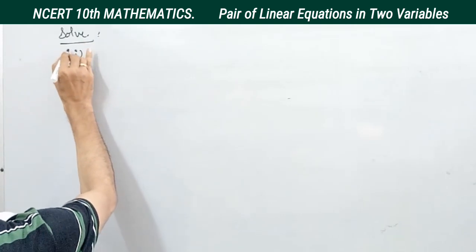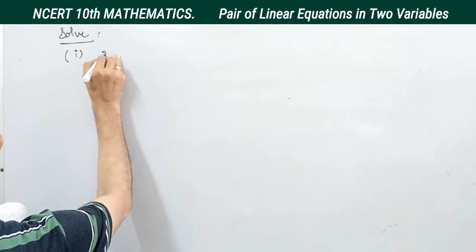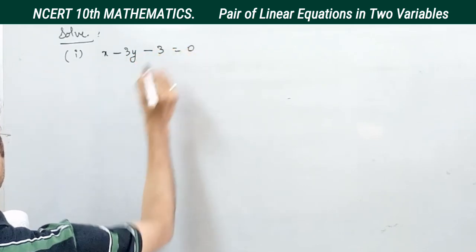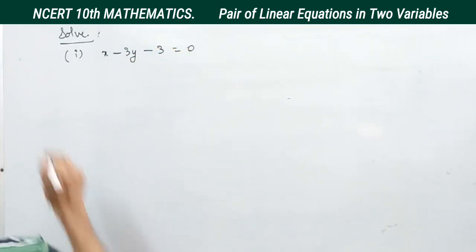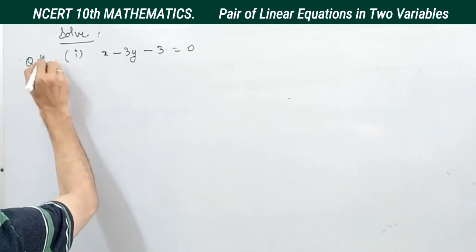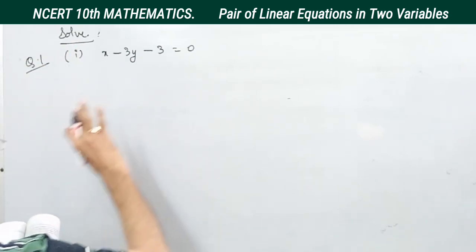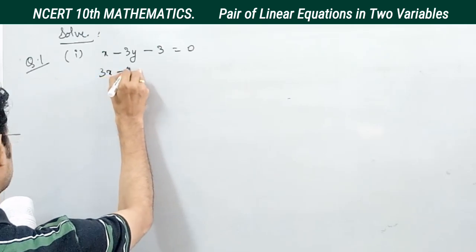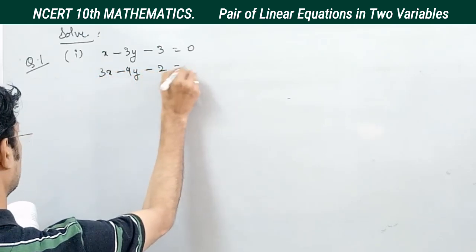The first one says x minus 3y minus 3 equal to 0. This is the first equation of question number 1, and then we have the second equation as 3x minus 9y minus 2 equal to 0.